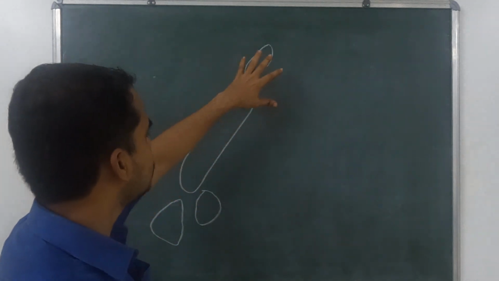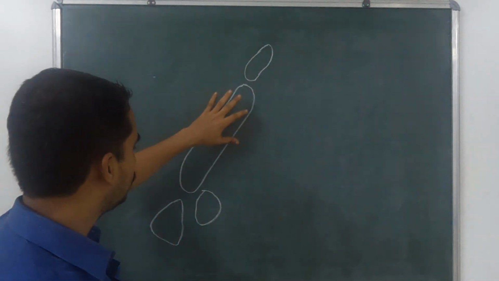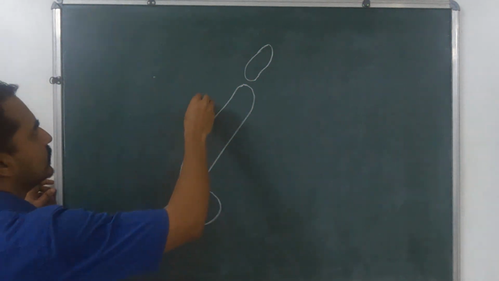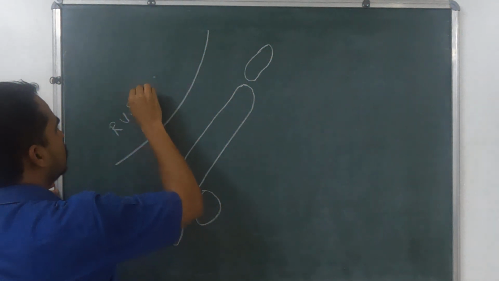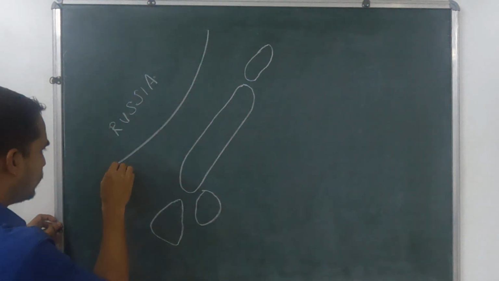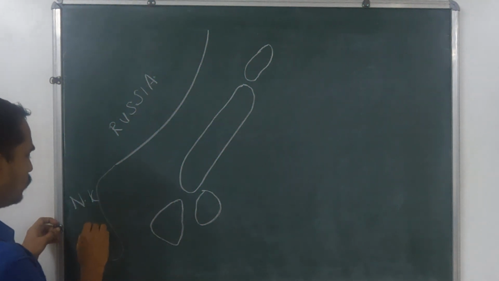Japan is an island country. It has thousands of islands, but these four are the major islands in Japan. The surrounding regions of Japan: in the western part, it is the country Russia, and here the Korean Peninsula, North Korea and South Korea.